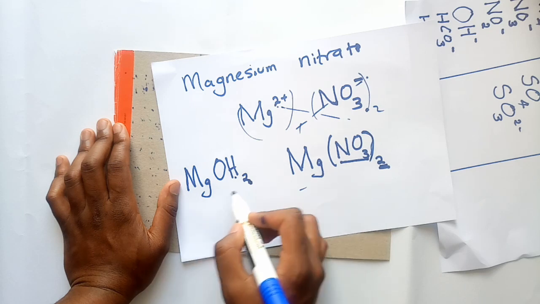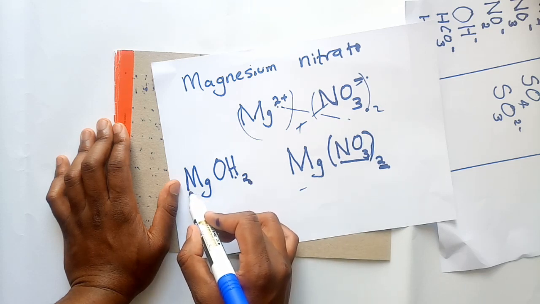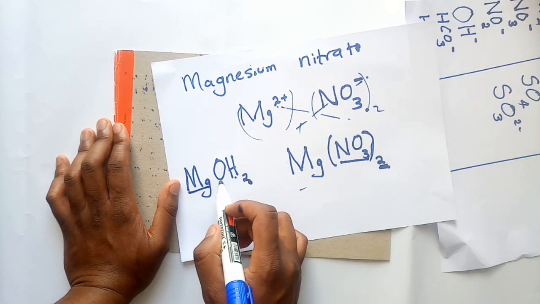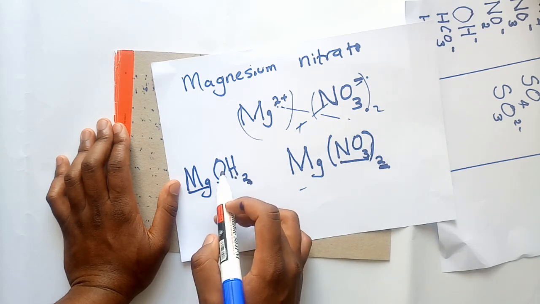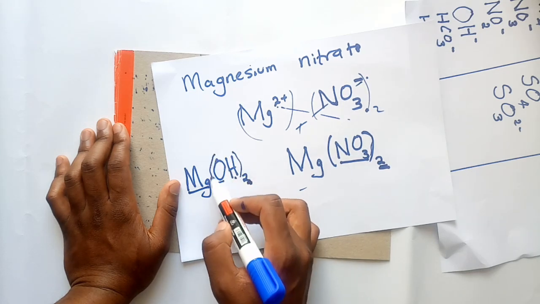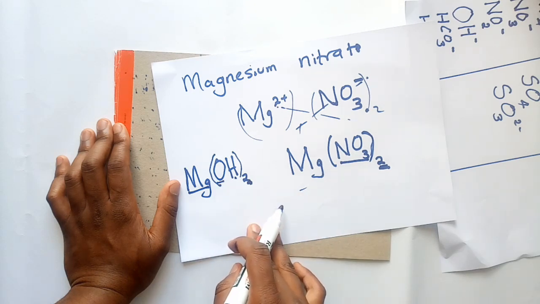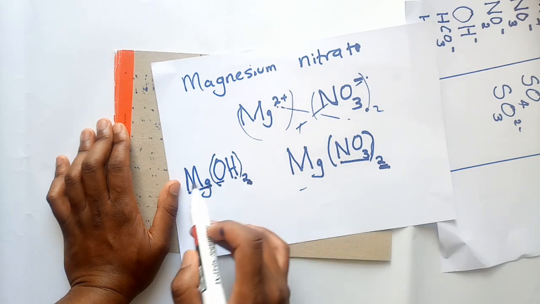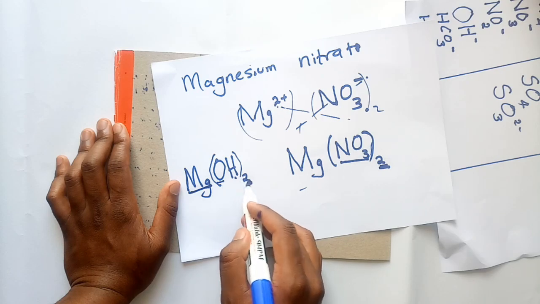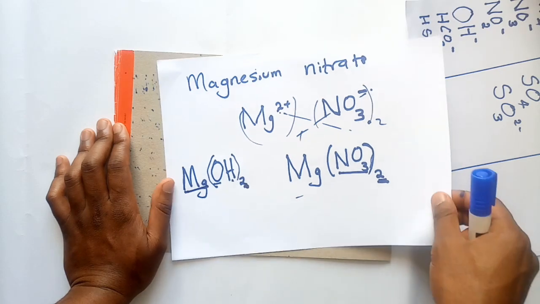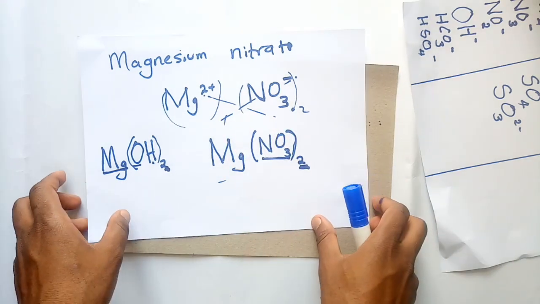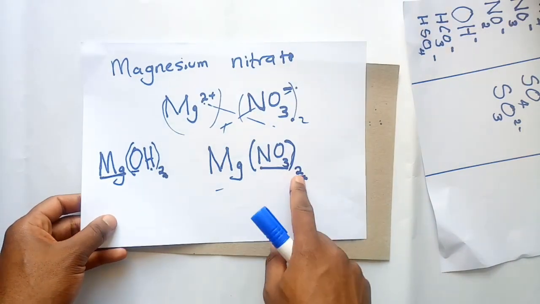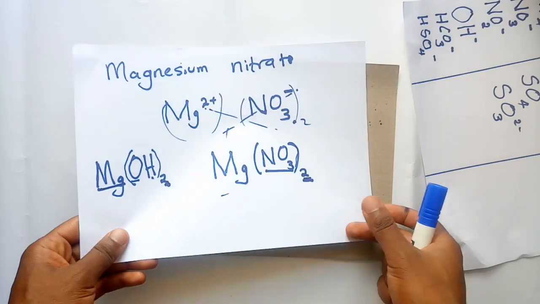If I'm to read out the number of atoms, what you're telling us is that we have 1 magnesium atom, 1 oxygen atom, and 2 hydrogen atoms. But if you put it into brackets like this, what you're telling us is that we have 1 magnesium atom and 2 hydroxides. So it is very good that if the radical is taking a higher number than 1, you put it into brackets.